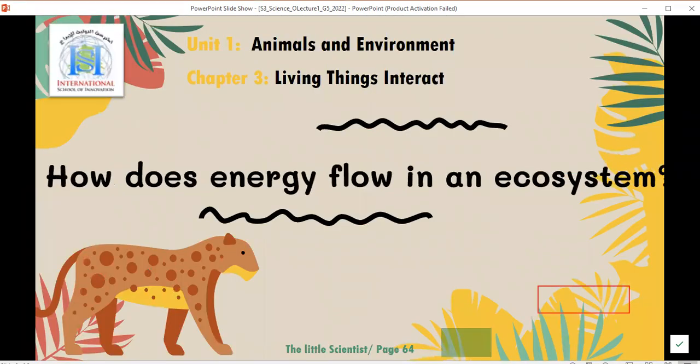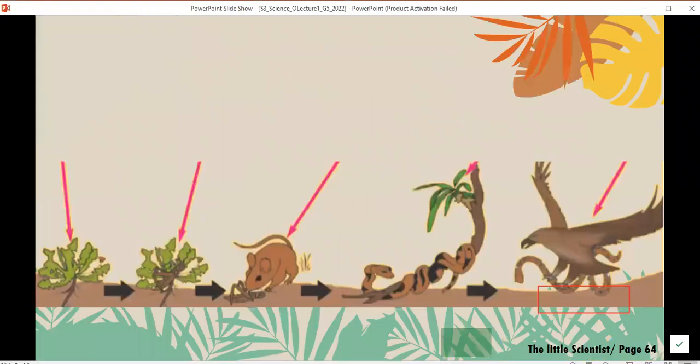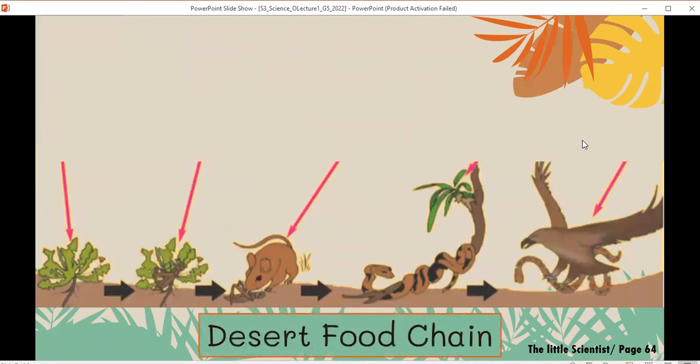So in this lesson, we're talking about the transfer of energy in an ecosystem or in nature. Let's go to desert. This is a food chain in a desert. It starts with a green plant, which is a producer. The producer is eaten by the primary consumer, consumer number one.